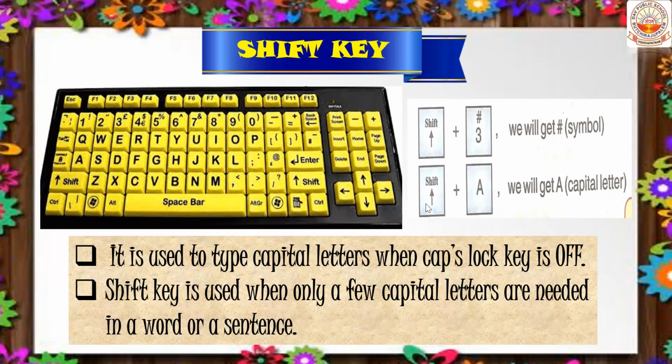You have to use shift key plus alphabet A. But what is the condition, children? Here the caps lock key should be in off mode. When the caps lock key is off, if you use shift key plus alphabet A, then you will get a capital letter. So here the condition is the caps lock key should be off. Okay, children. Understood?